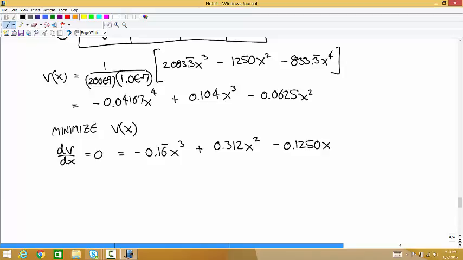So you can factor out an x, and you get 0 equals x times negative 0.16 repeating x squared plus 0.312 x minus 0.125.